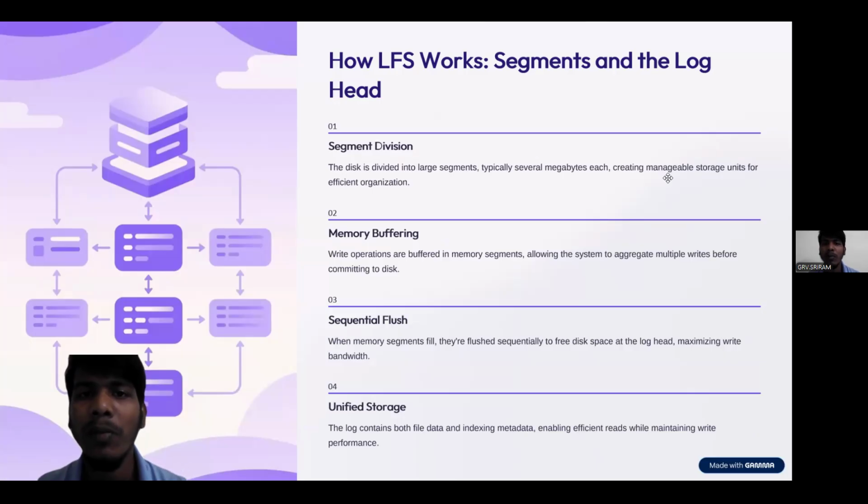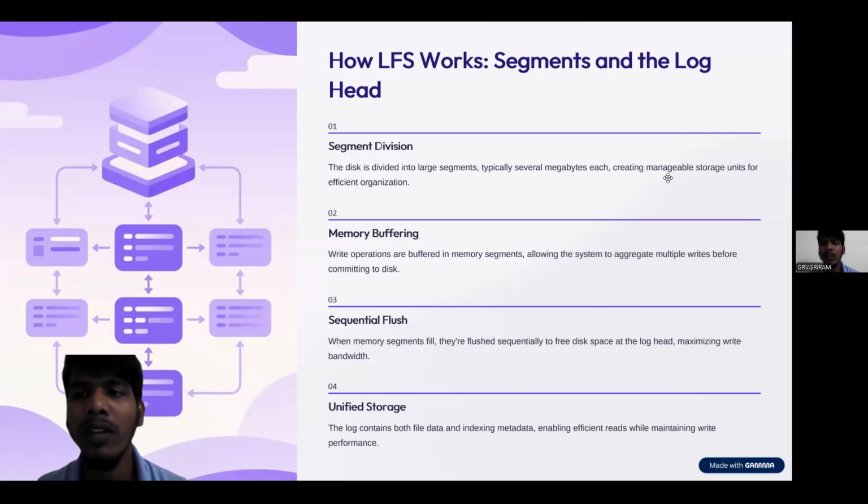So when we talk about how LFS works, here the segments and the log head. Here we have multiple points like segment division, memory buffering, sequential flush, and unified storage.